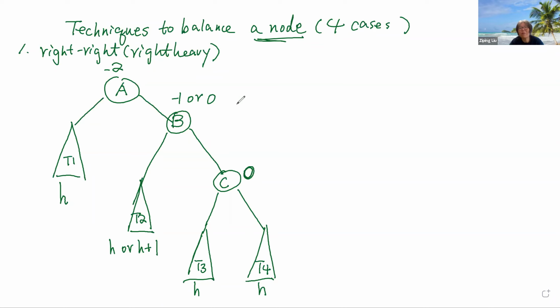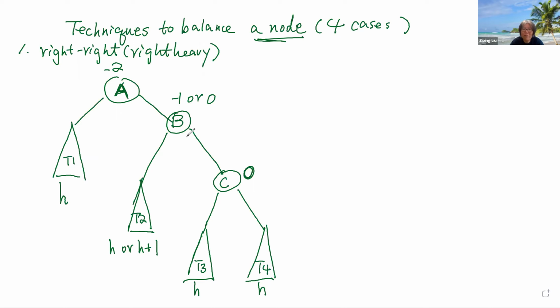This is part of a complete tree, and the case shows it's regarding a specific node A. Node A has a subtree called T1. As to what T1 looks like, we don't need to worry, and this part is already balanced. Whatever T1, T2, T3 are, those are subtrees of each of the nodes, and they are already balanced.